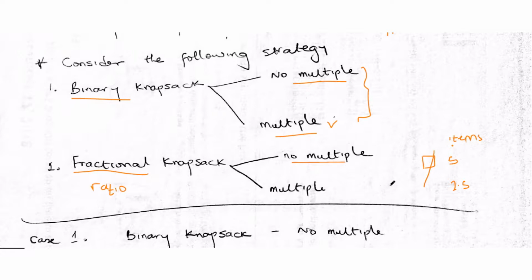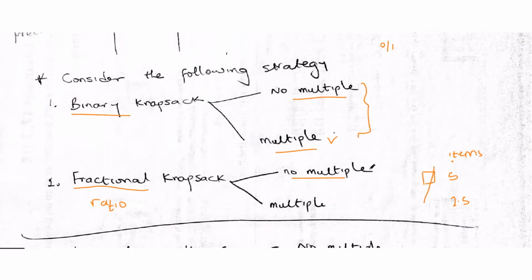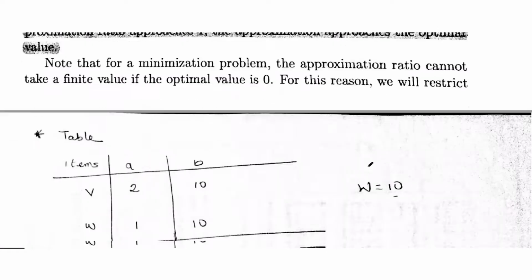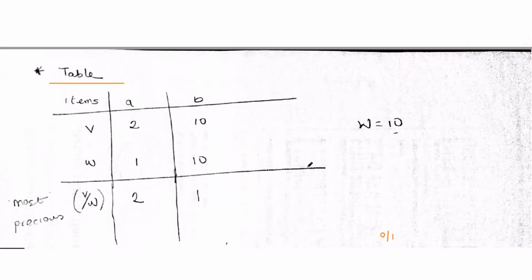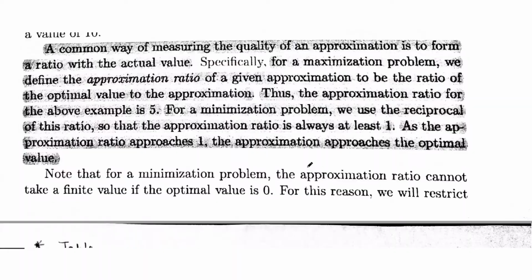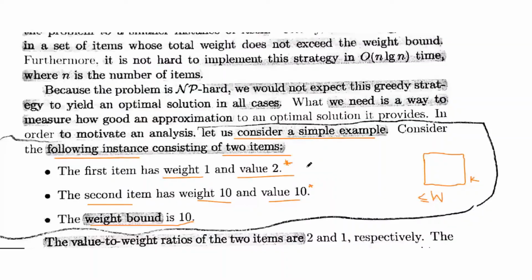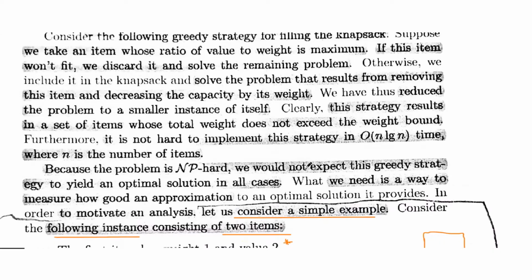So let's look at how we can go about this using this instance. I've represented it here in a table as items A and B. Now there are many approaches to the knapsack problem. The reason is the knapsack problem is NP hard, which means it's a difficult problem.